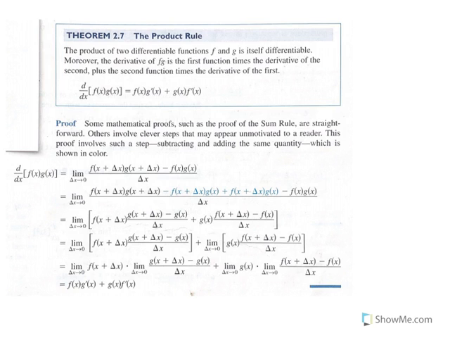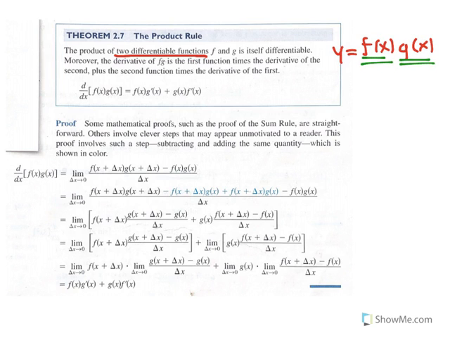So what is the product rule? So here we have the product rule, the product of two differentiable functions f and g. So if you have y is equal to f of x times g of x, and each of these two functions is differentiable, meaning f prime of x exists and g prime of x exists, then how do you find the derivative of the product of f and g?